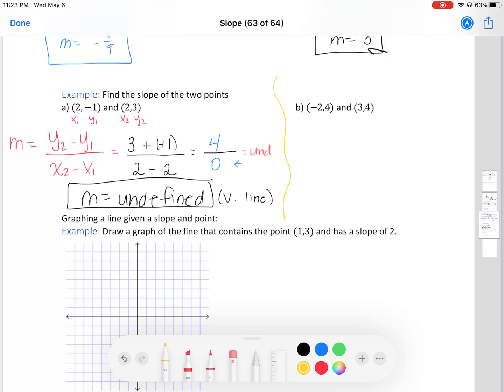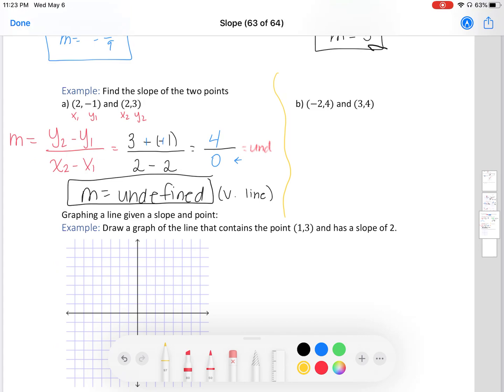Okay, let's go ahead and work out B. Okay, so my point 1 is x1, y1. My point 2 is x2, y2. And my formula is m is equal to y2 minus y1 over x2 minus x1. All right, y2 is 4 minus y1 is 4.